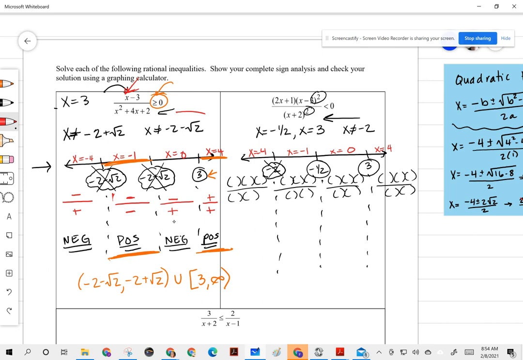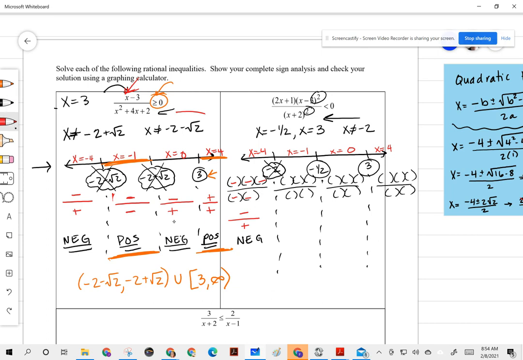-4 times 2, ultimately, that's going to be a negative right here. A -4 minus 3 is also a negative, and then a -4 plus 2 is also a negative. So ultimately, you guys will see that I've got a negative divided by a positive, and then that ultimately is going to give me a negative on this interval.